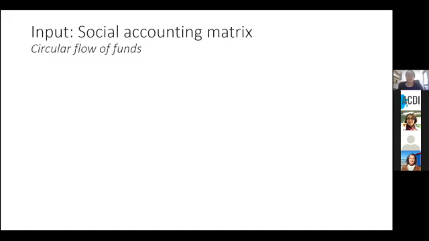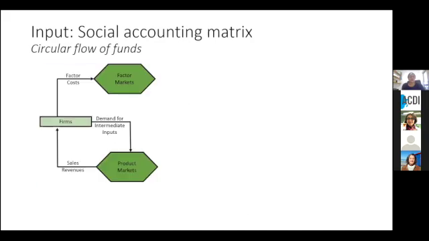So the social accounting matrix, or SAM, is a representation of the circular flow of funds in the economy. So if we consider the product and factor markets, the SAM captures the firm's production or supply of products to the markets through its sales revenues.